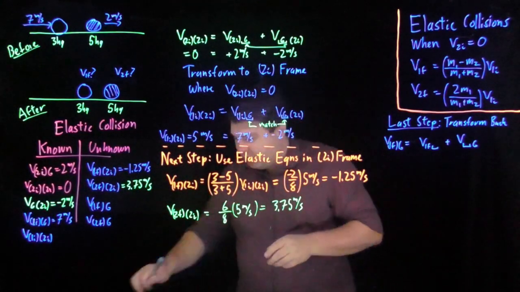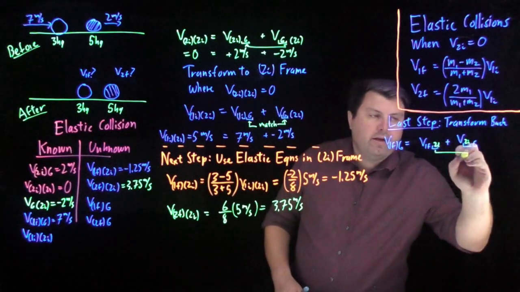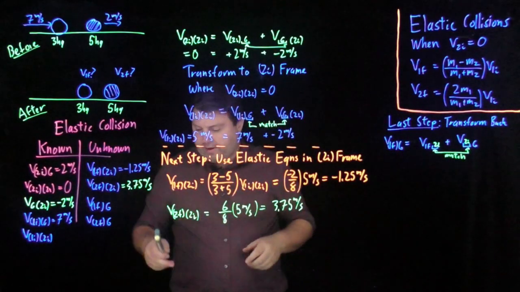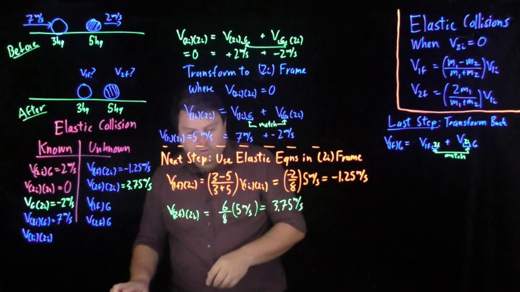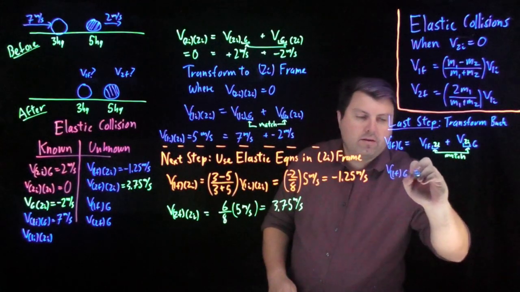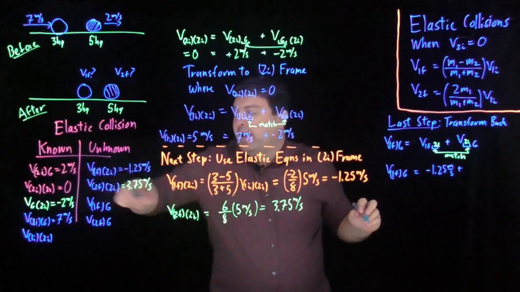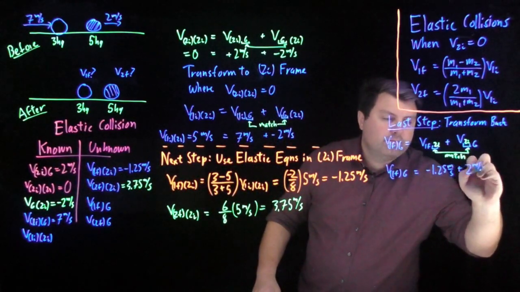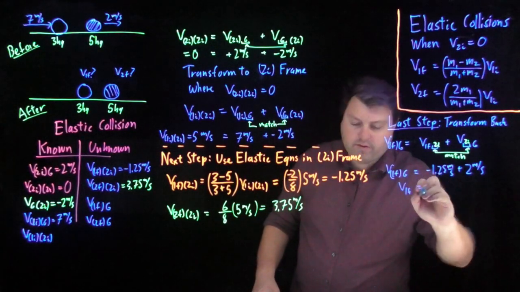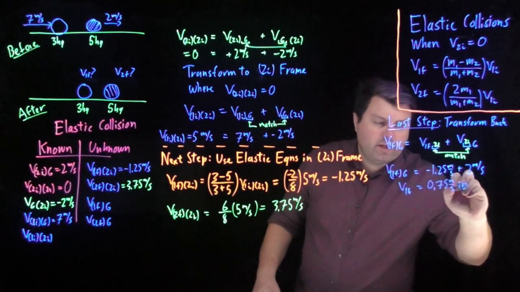So I can have these two be 2i and 2i, right? They again have to match. And so I can read off what I've already written. v1f in the 2i frame is negative 1.25 meters per second. v2i in g is 2 meters per second. So v1f is 0.75 meters per second in the original frame.